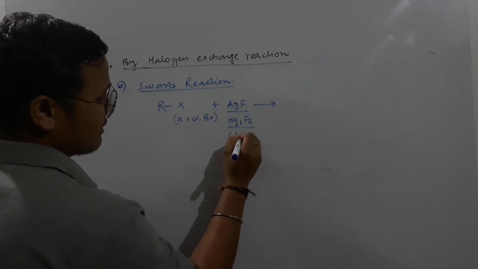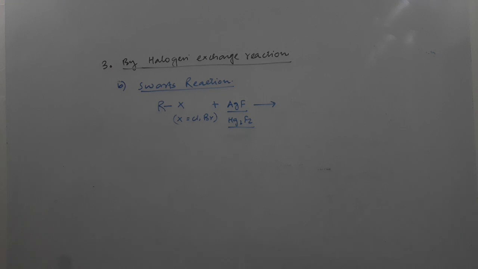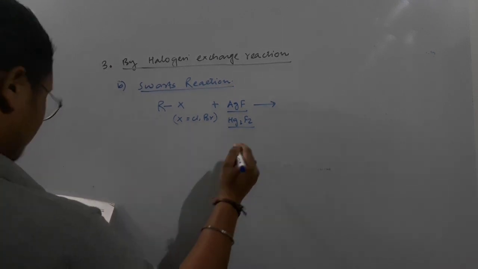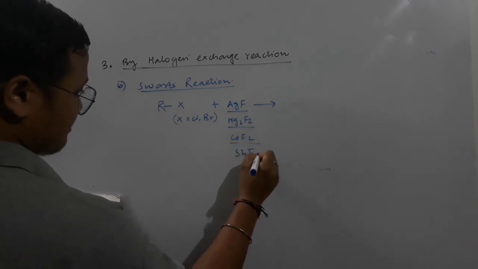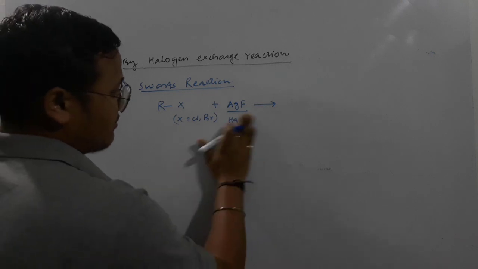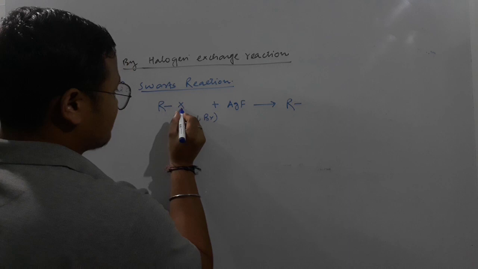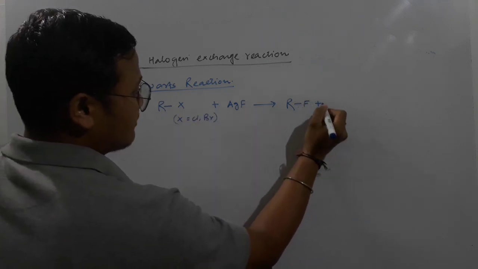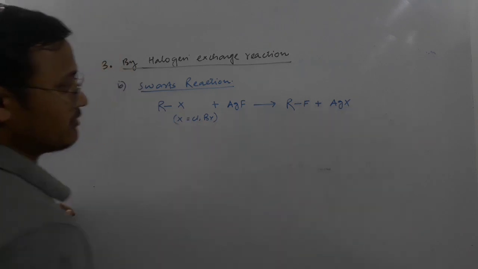We have some metallic fluorides, so I can take any one of these four. Let's talk about only silver fluoride. As earlier, in place of X this fluorine will come, and in place of F the halogen chloride or bromide will be there.